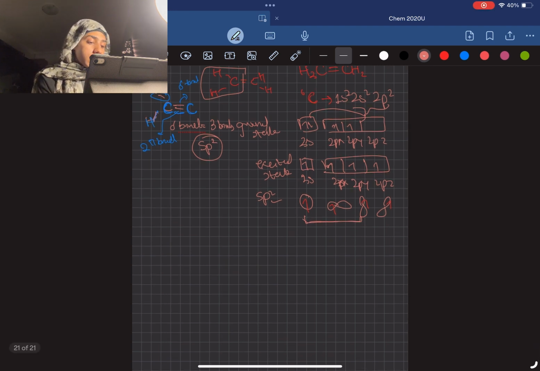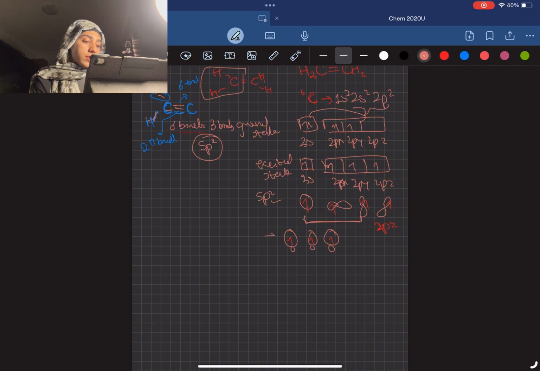What I'll do is combine these together now. Because I'm combining 3 orbitals, I'm making 3 new orbitals. So this would result in something like this. But remember, this is not a dumbbell shape. 1 electron here, 1 electron here. And this is 2pz. We'll use it later on, but for now it's just there.